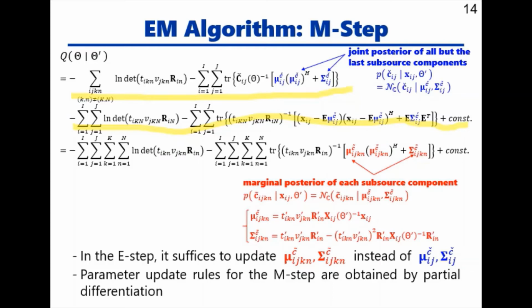Here, the blue variables are the parameters of the joint posterior of all but the last subsource components. After some calculations, this can be rewritten like this. Here, the red variables are the parameters of the marginal posterior of each subsource component C tilde.